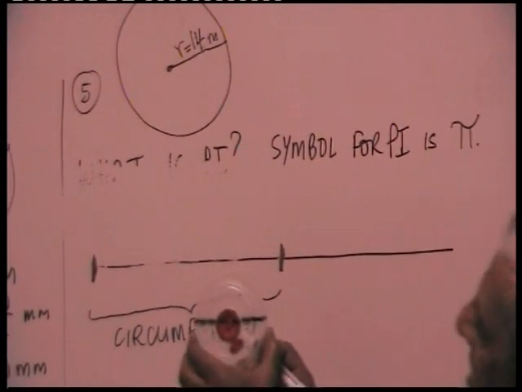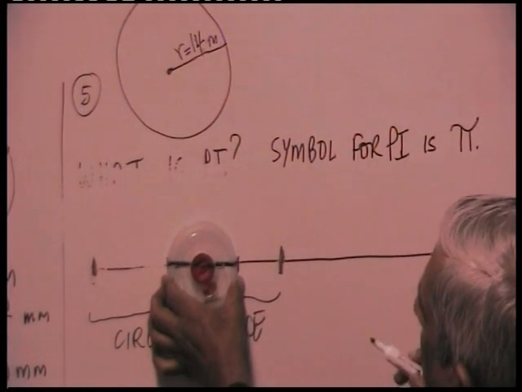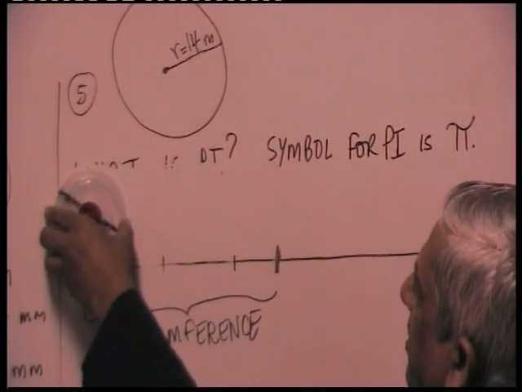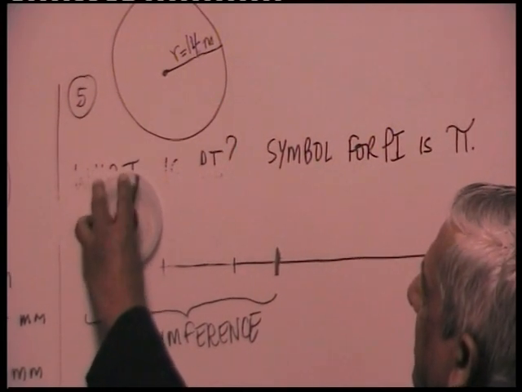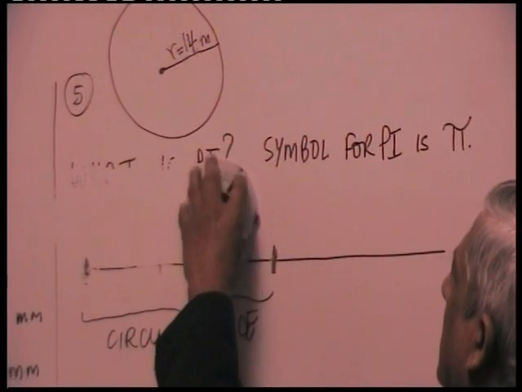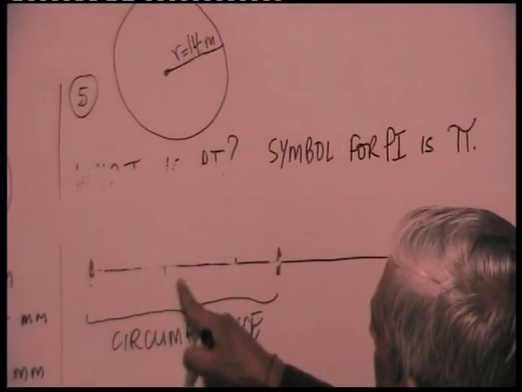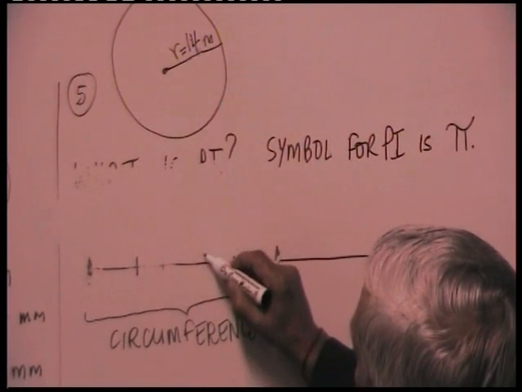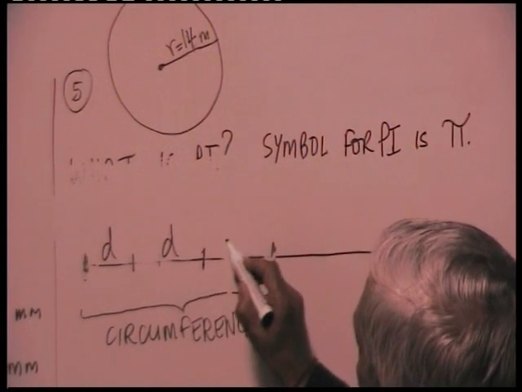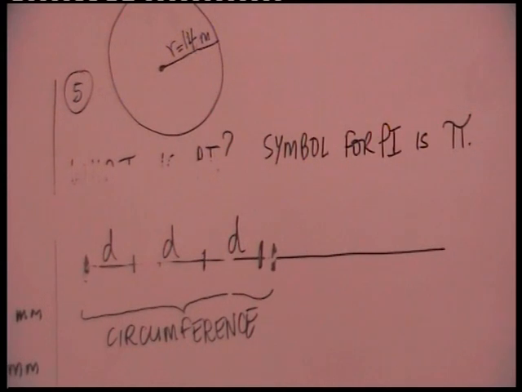Now what you'll find is there will be 1, 2, supposed to be 3. Well, my experiment is not very good, but you'll find that the 3 diameters will fit here. 1 diameter, 2 diameters, 3 diameters, and a little bit will be left over.